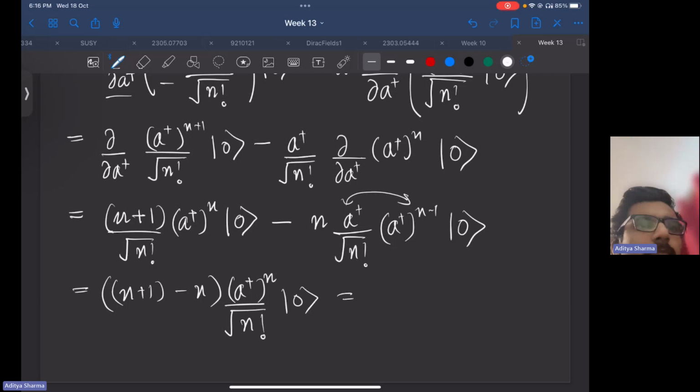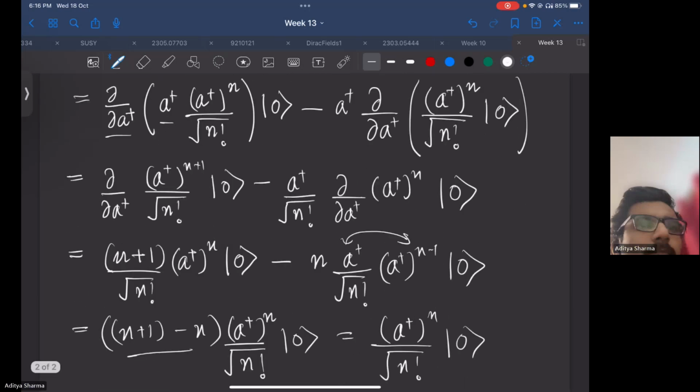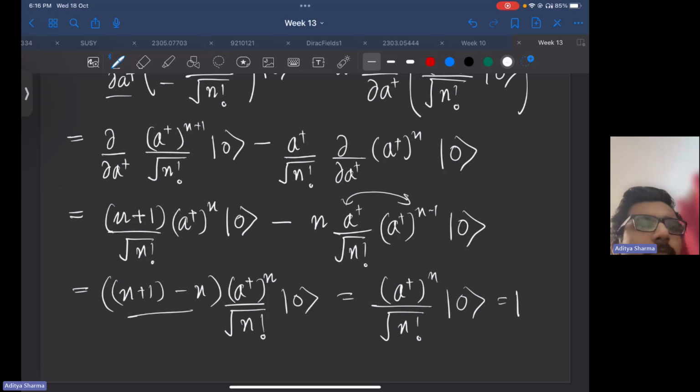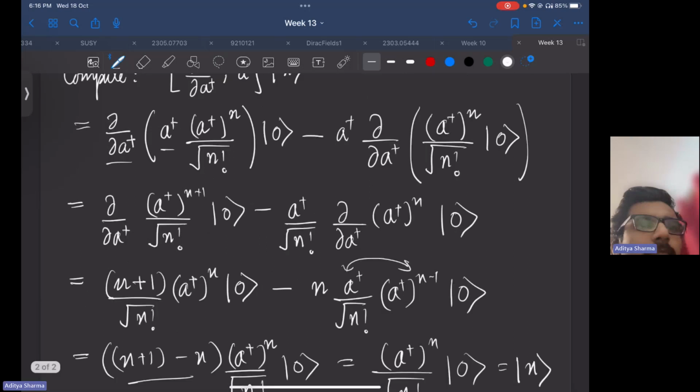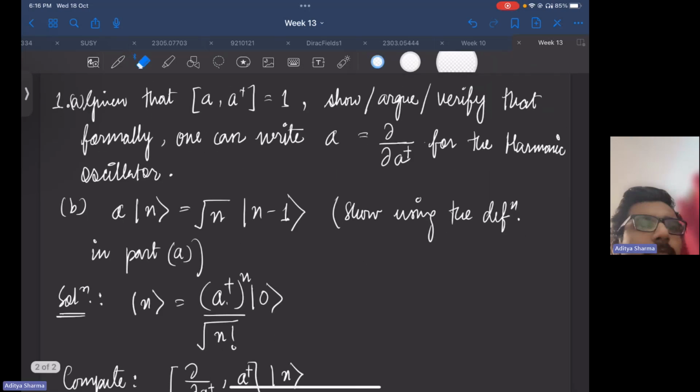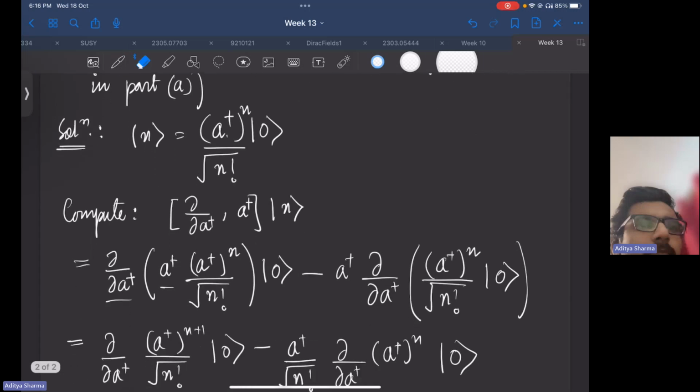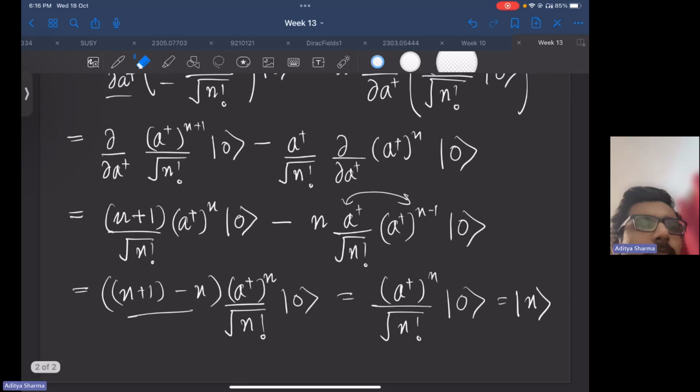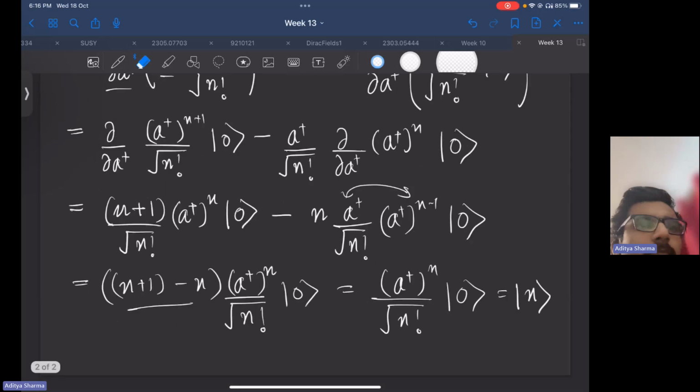This is nothing but 1. Therefore, whenever you want to test a commutation relation, this is how you do it: you act it on a test function. This is what I have done, and I have gotten this thing as 1.